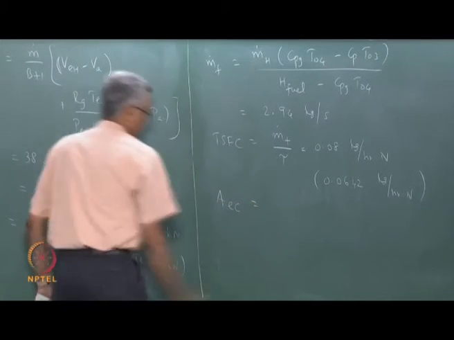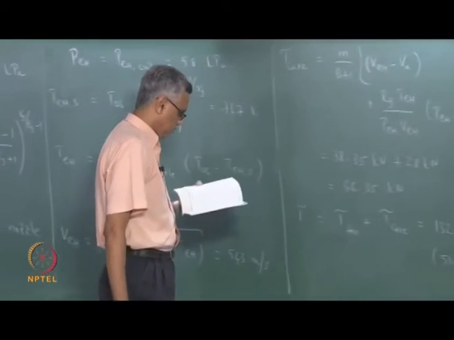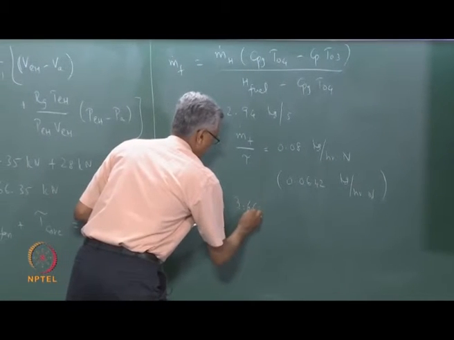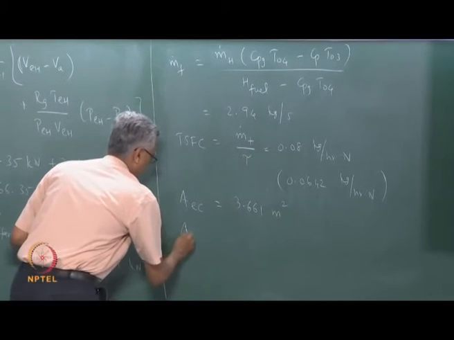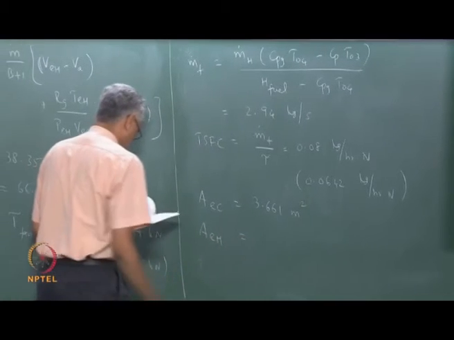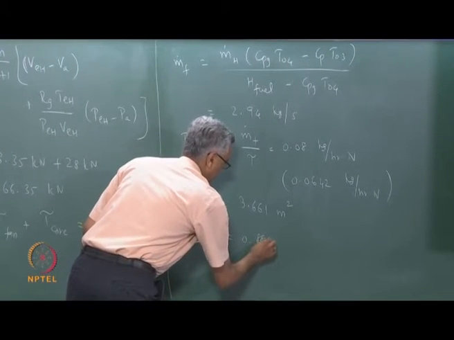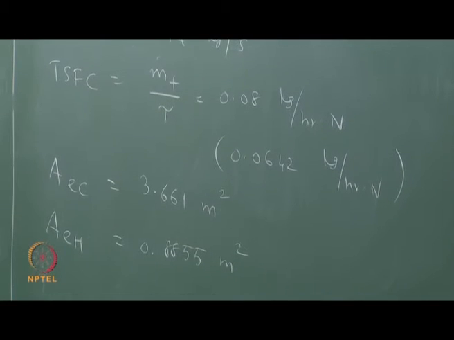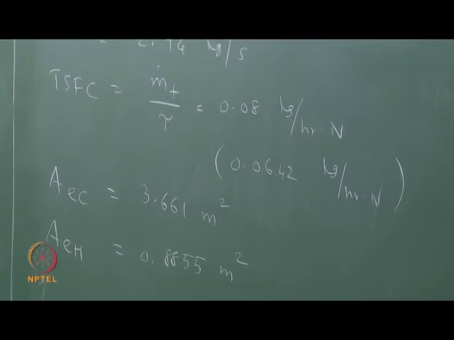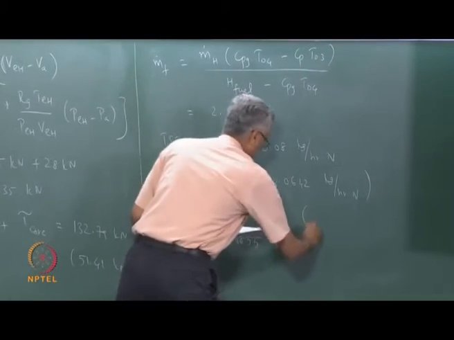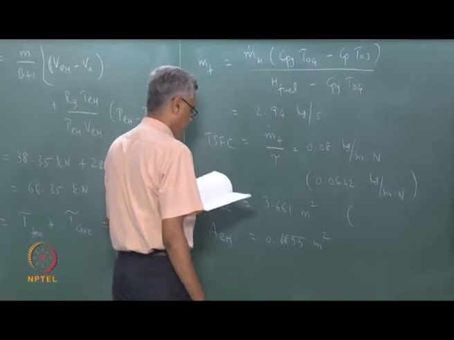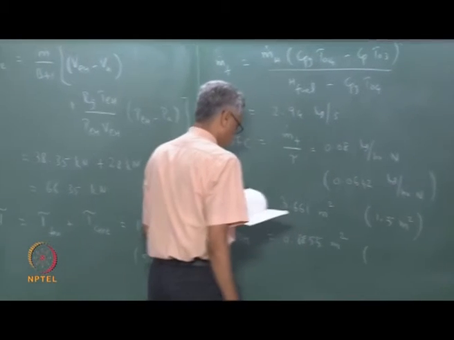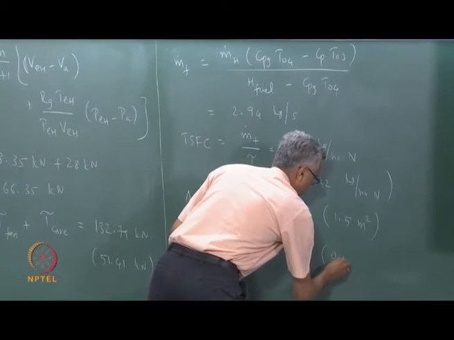If I do that, I get the cold nozzle area to be 3.661 meter square and the hot nozzle area to be 0.8855 meter square. Okay, and if you remember earlier we calculated the same values to be 1.5 meter square and 0.511 meter square.